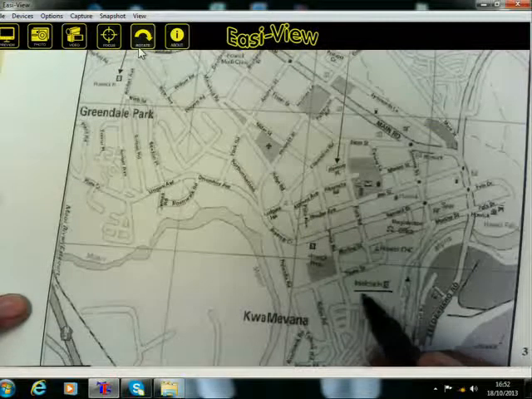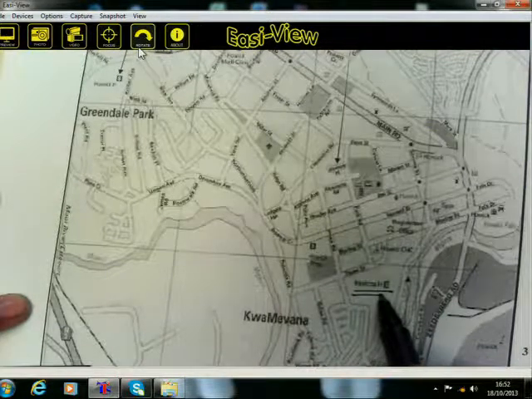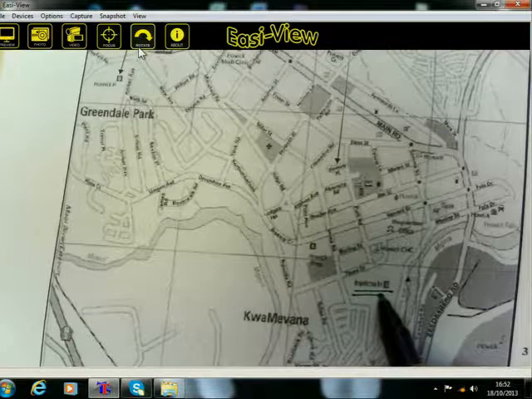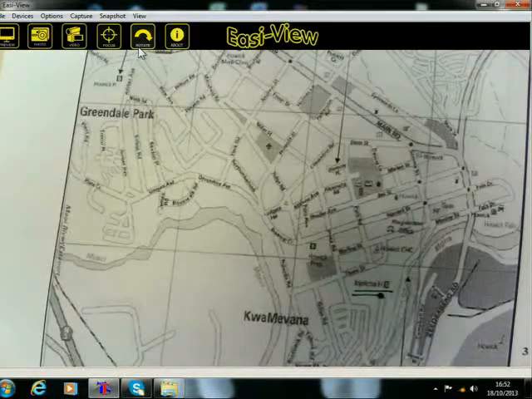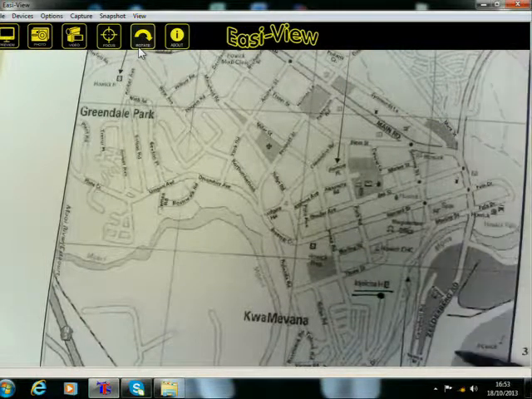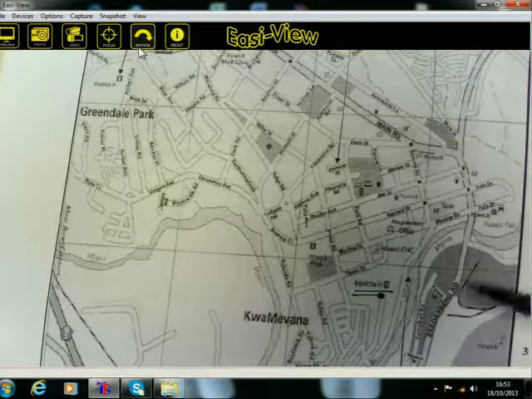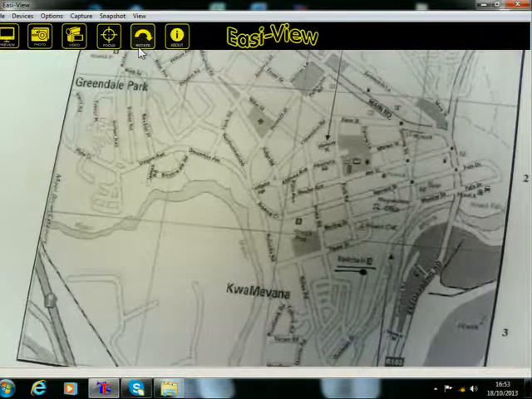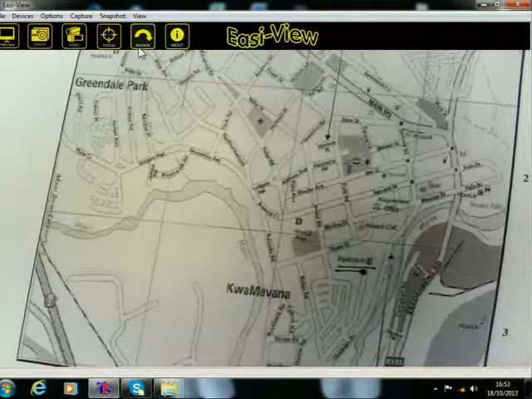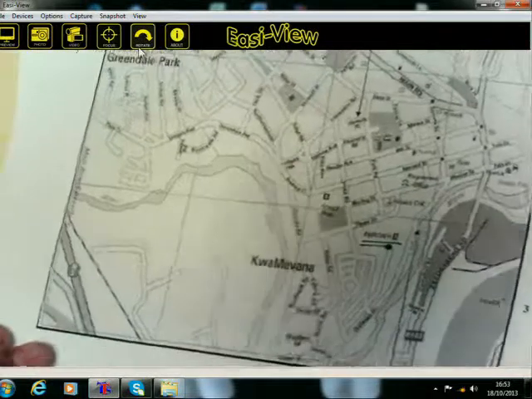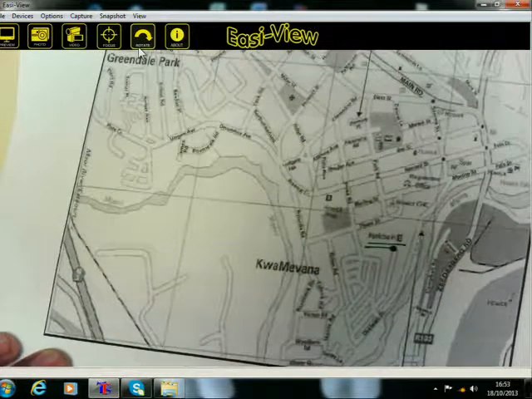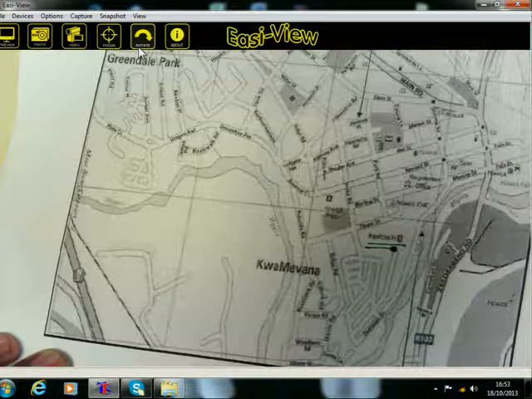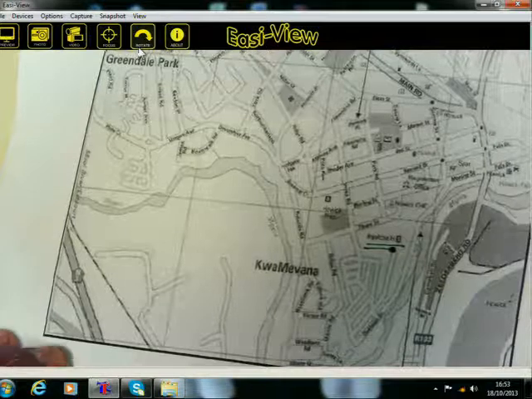Here it's our high school. I hope you could see the high school. Here is the high school, which is at grid reference D3. Our answer is D3.